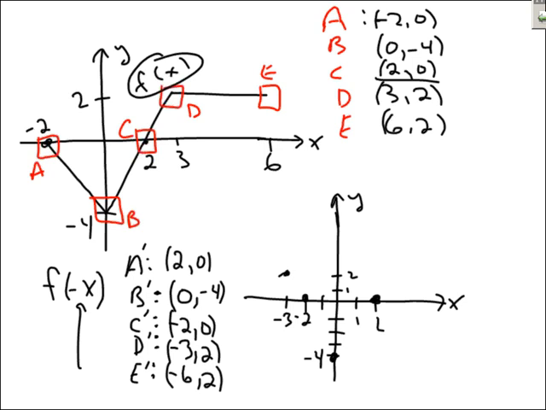And negative 6, 2 is right here. And there's your graph. Okay, it's a reflection across the y-axis.